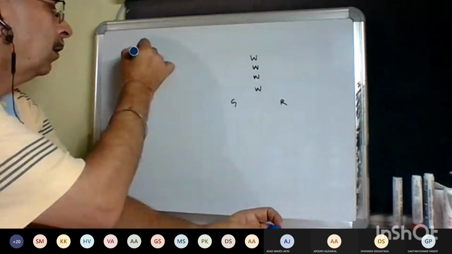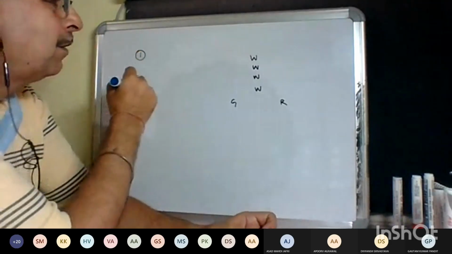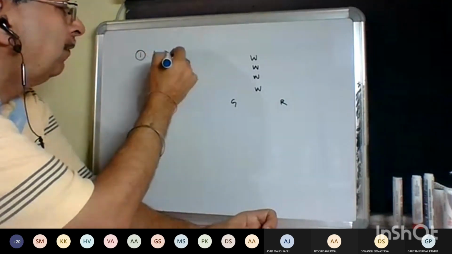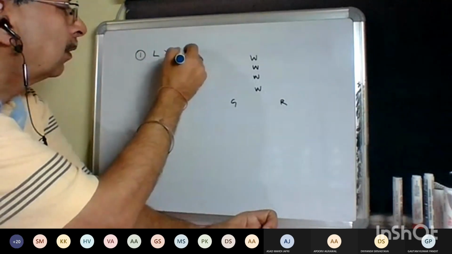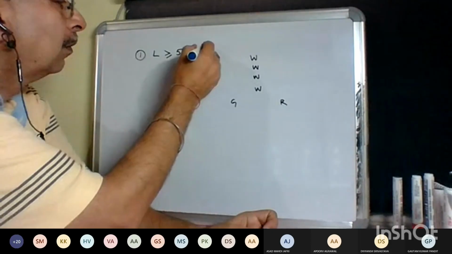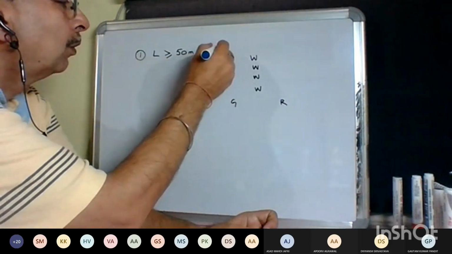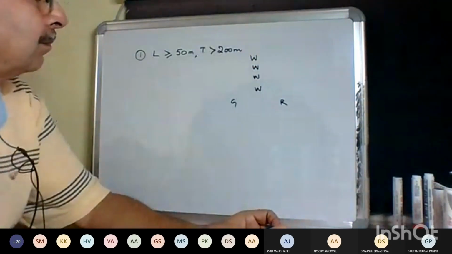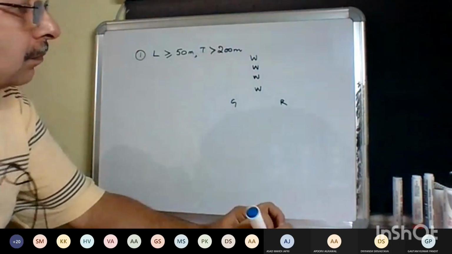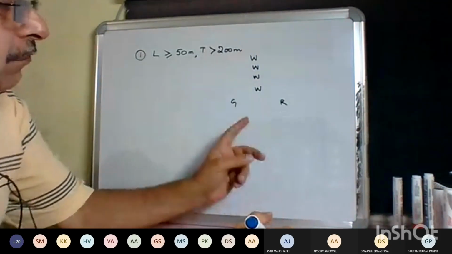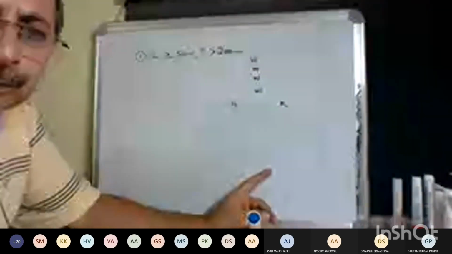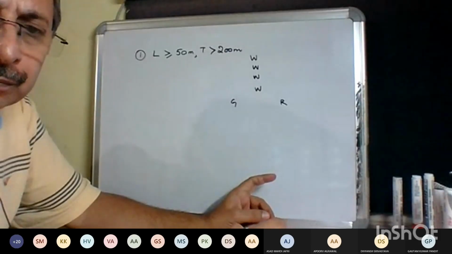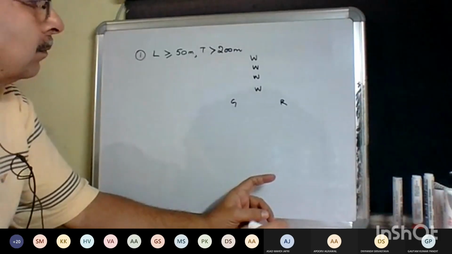This would be a powered in vessel, length probably 50 meters or more in length. Length of the tow exceeds 200 meters, as seen from right ahead. Is it okay?